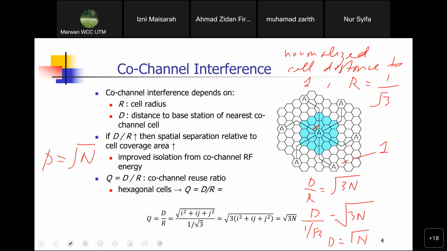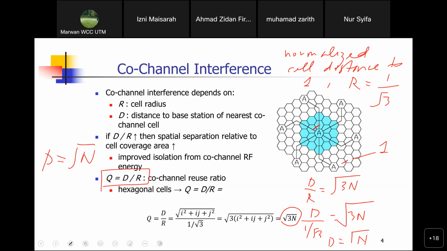But for the co-channel, we are using this ratio Q, where Q is related to the cluster size. It makes sense. If you use a bigger cluster, meaning more cells within one cluster, you push your co-channel cell even further than your cell.